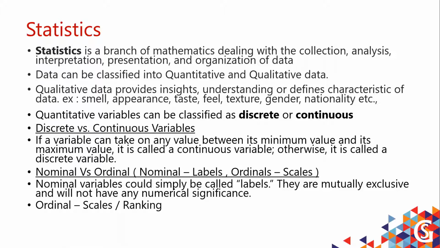This has an order, from 5 to 1, but nominal variables do not have any order. I hope this is clear. Ordinal gives you a scale which can be ordered and also sorted, ascending or descending. But nominal values are just labels. They cannot be sorted or ranked.